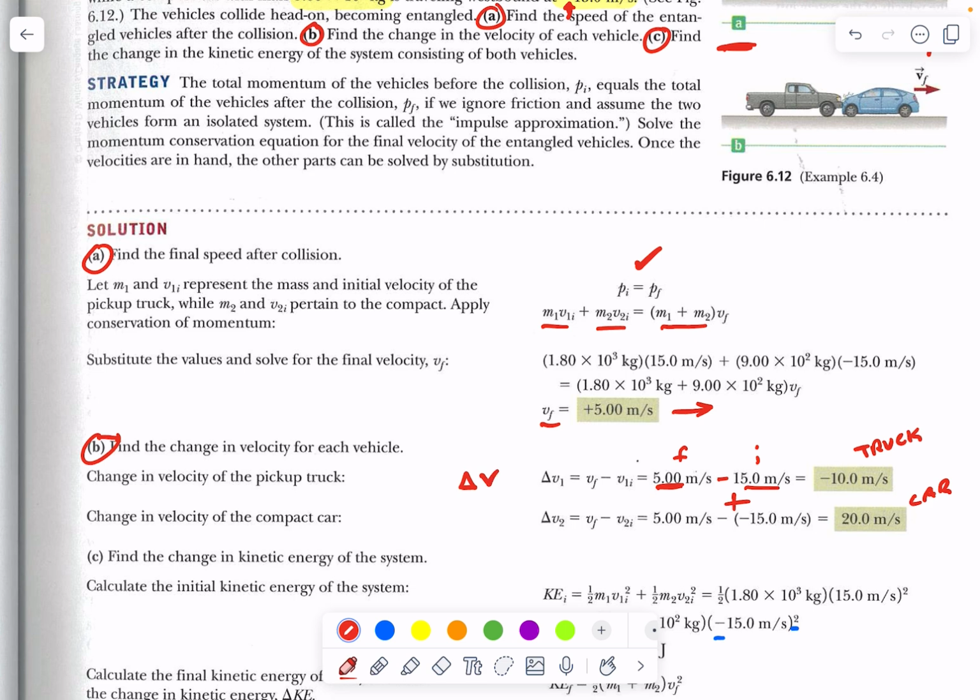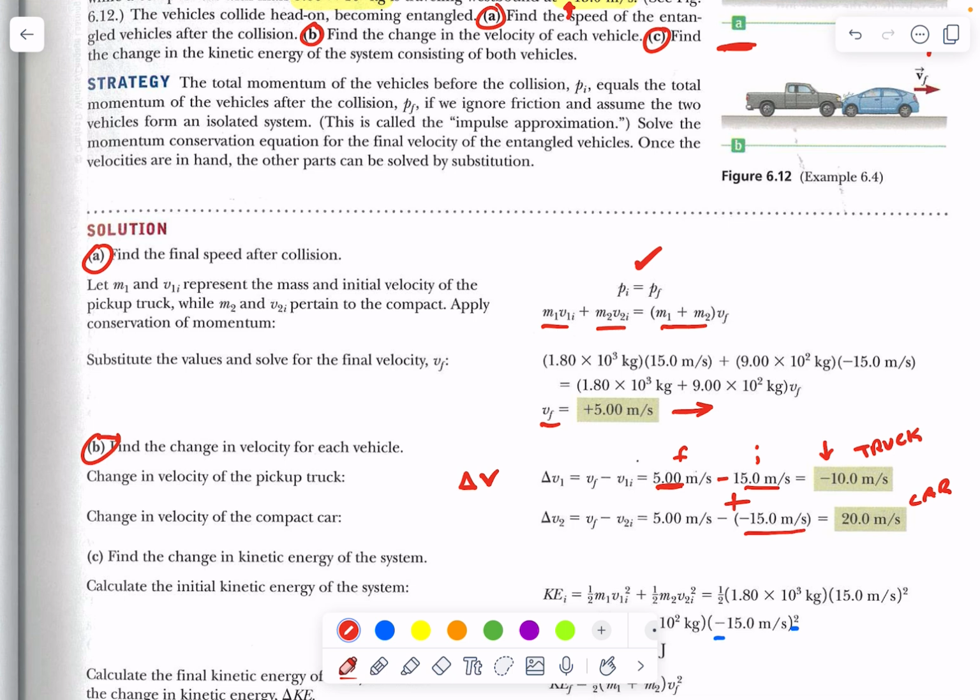And we end up with a negative 10 meters per second. Again, this negative sign does not mean the truck is moving to the left, but it means that its change in velocity went from 15 down to 5, and that's a loss of 10 meters per second. Meanwhile, the car had a negative 15 meters per second originally because it was traveling to the left.